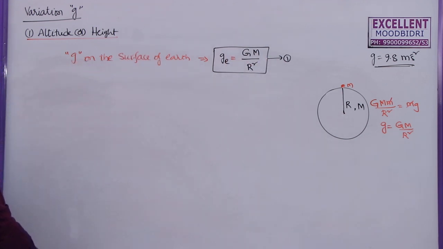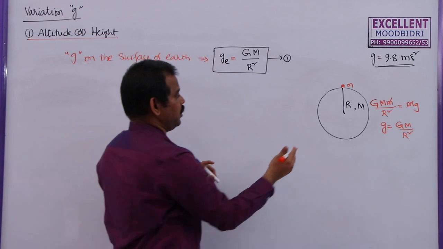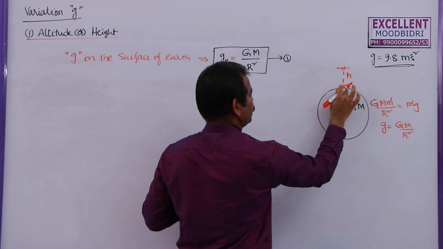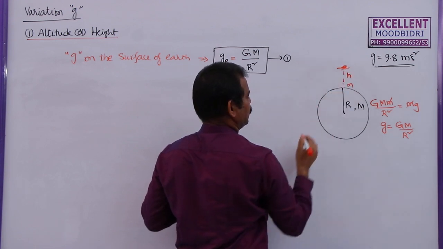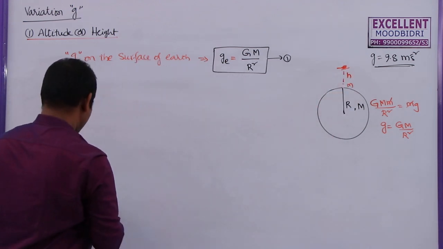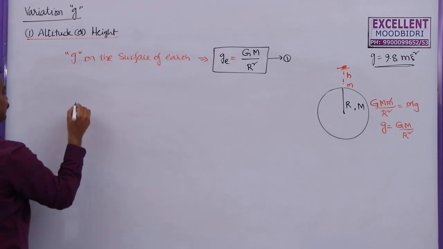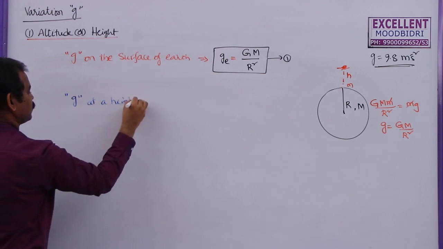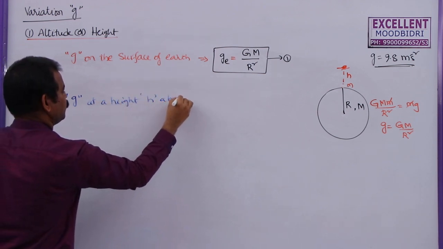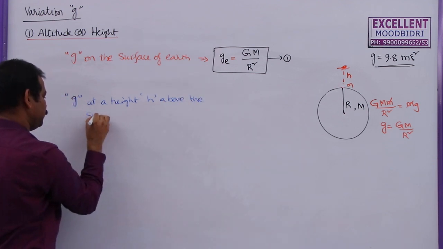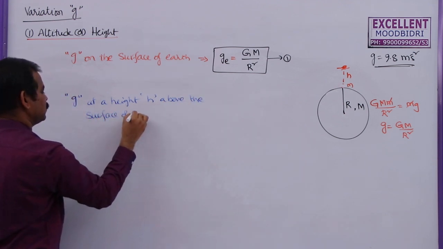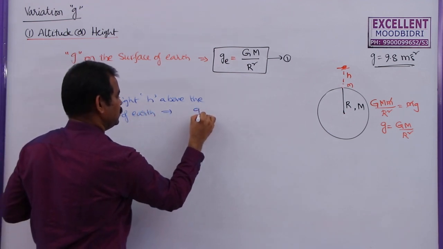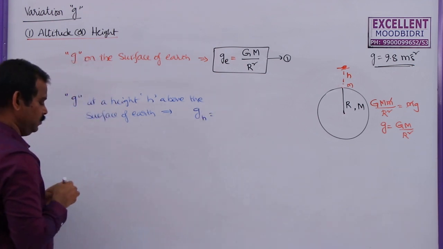Now, if you take this body to a height h, somewhere here, then small g at a height h above the surface of earth, I am going to write as gh.